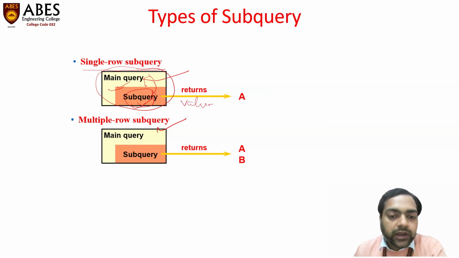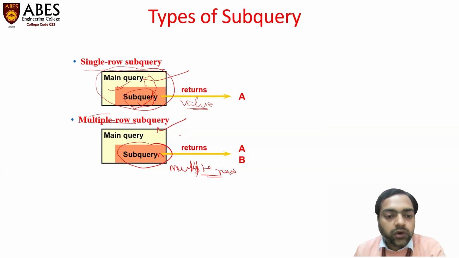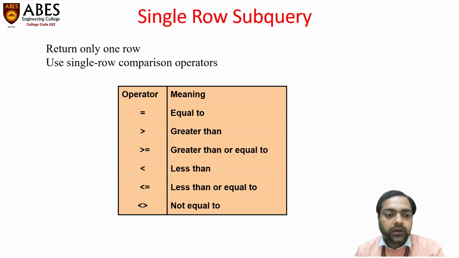And if we talk about multiple row subquery, in this case the subquery can provide multiple rows or multiple values, right? So this is the difference between single row subquery and multiple row subquery. We'll discuss one by one here.